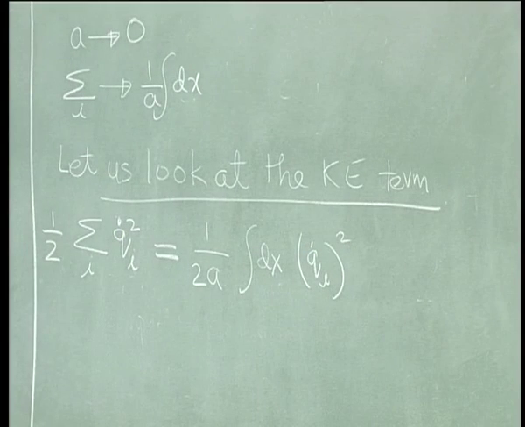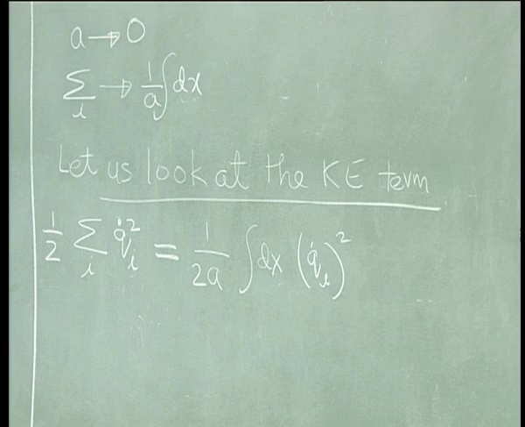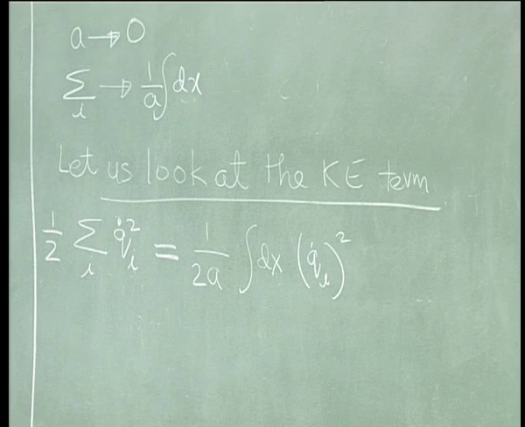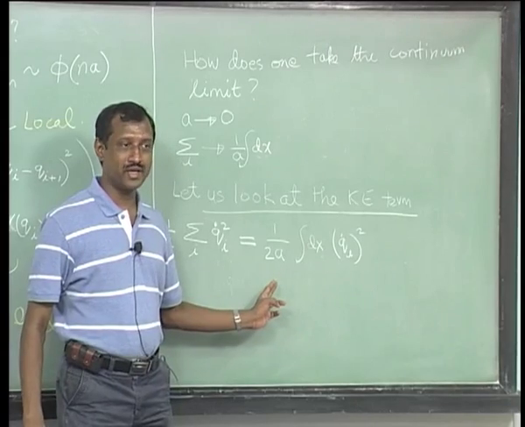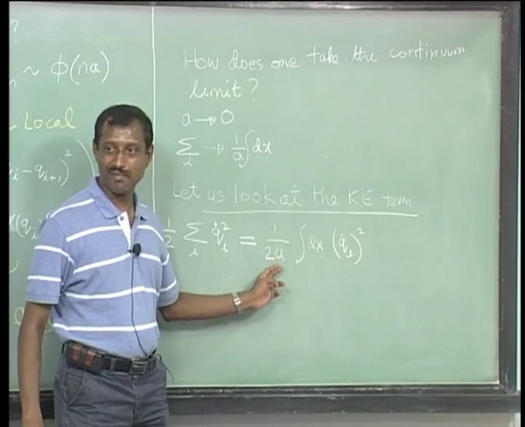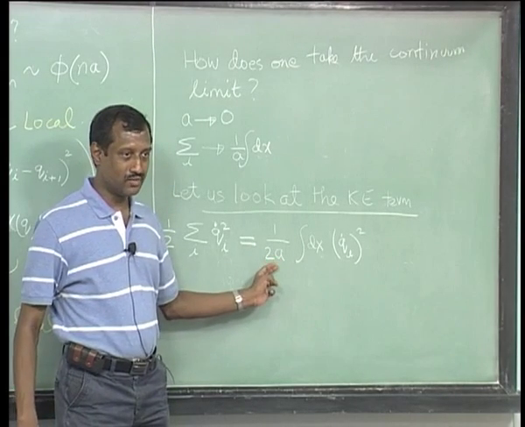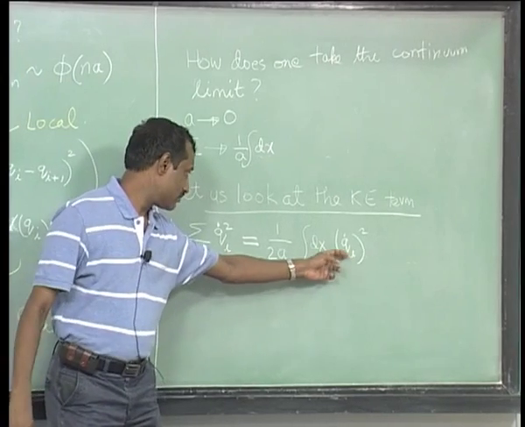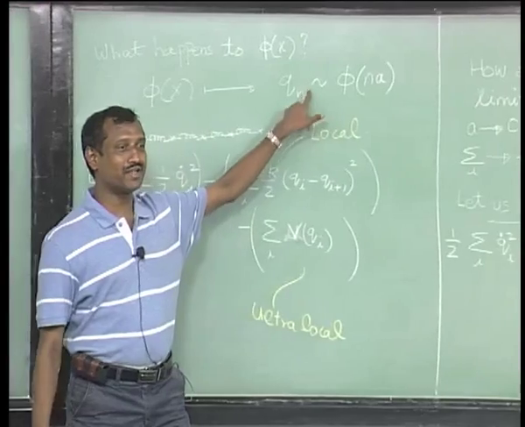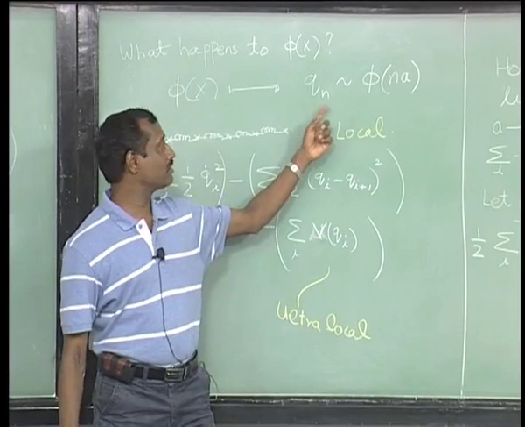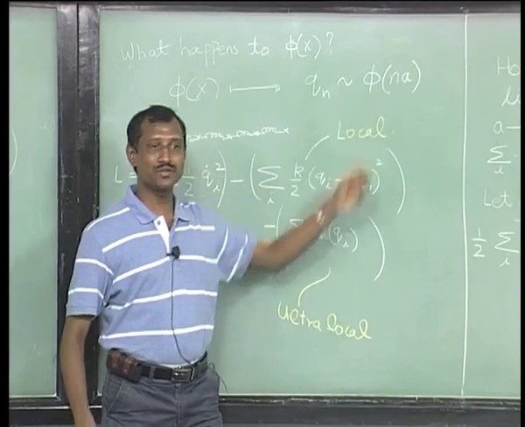We are not done yet. We need to take the continuum limit, but you can see that if I take a to 0 just naively, what do I get? I find that it blows up. But we can take care of that by taking advantage of the fact that I said q need not be exactly equal to this.